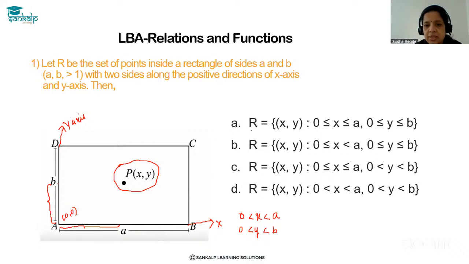Option A: R is equal to (x, y) such that 0 less than or equal to x less than or equal to A, 0 less than or equal to y less than or equal to B. Since x cannot be 0, you can discard option A. Now check option B: 0 less than or equal to x less than A, 0 less than or equal to y less than B. Again x cannot be 0, so you can directly discard option B also.